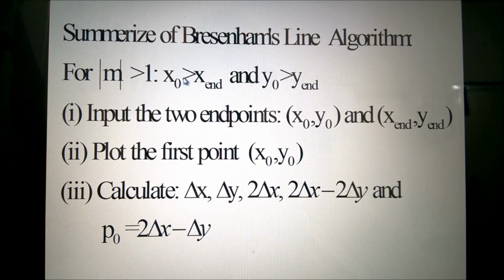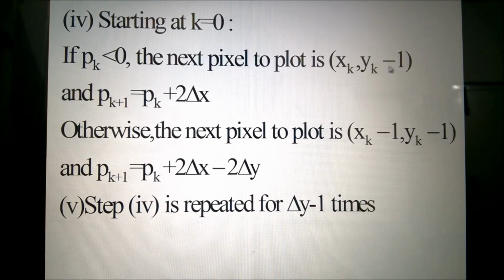And exactly similarly, if the initial coordinate of x and the initial coordinate of y are greater than the ending coordinates, then as I discussed in the previous case, all the things remain the same, and the only difference is that it will be decremented, because the initial coordinate is higher.